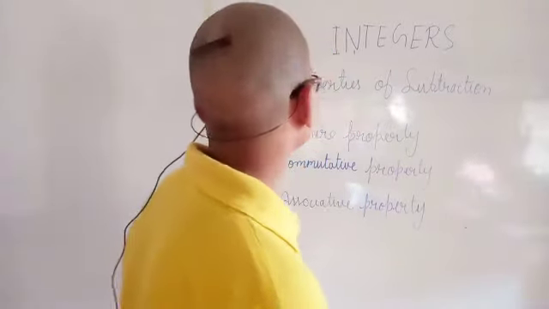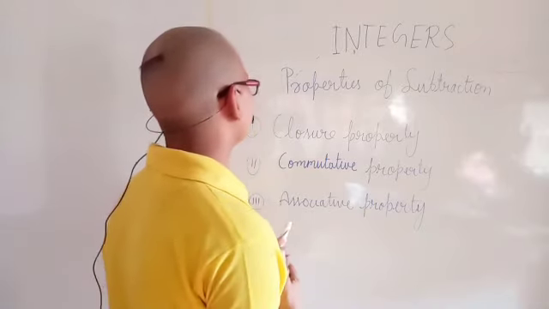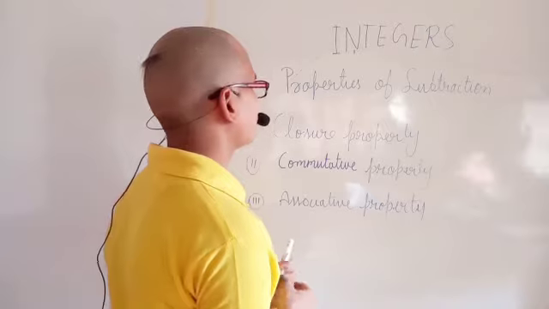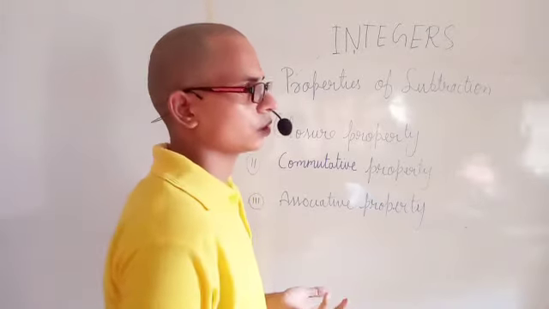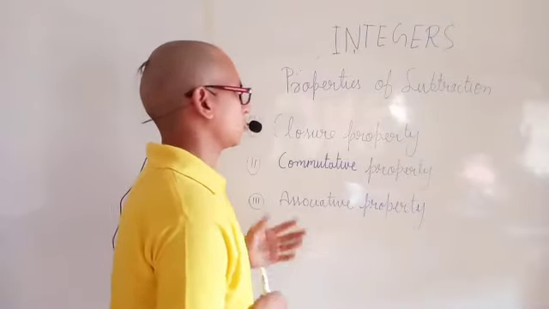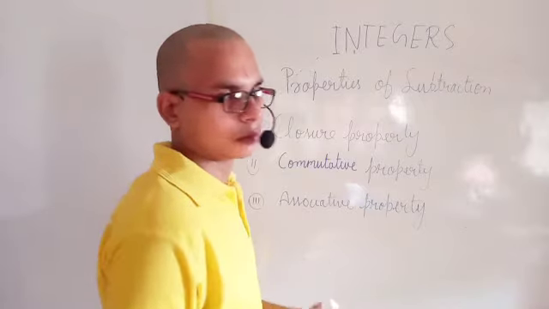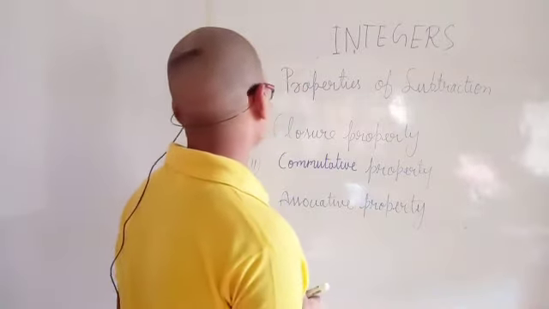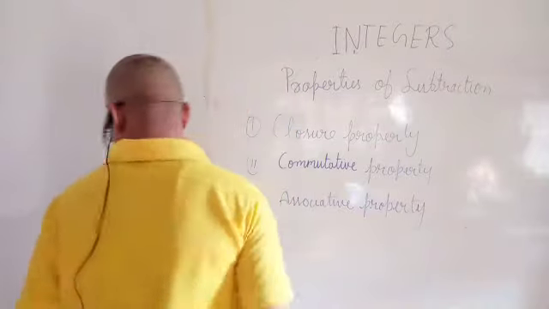Now we will discuss whether the closure property is suitable for subtraction or not, and whether the commutative property is suitable for subtraction or not. If we take two integers, will the closure property apply here or not? So now let's see.